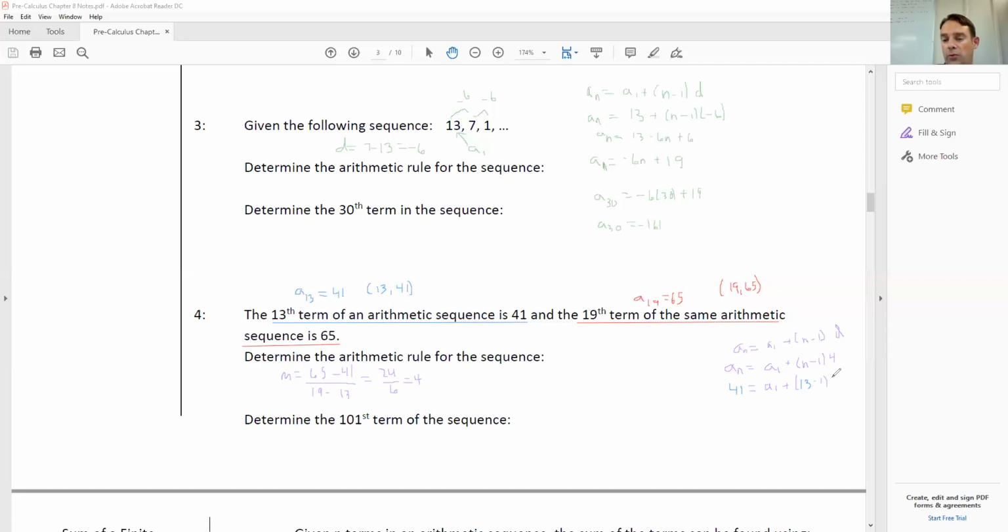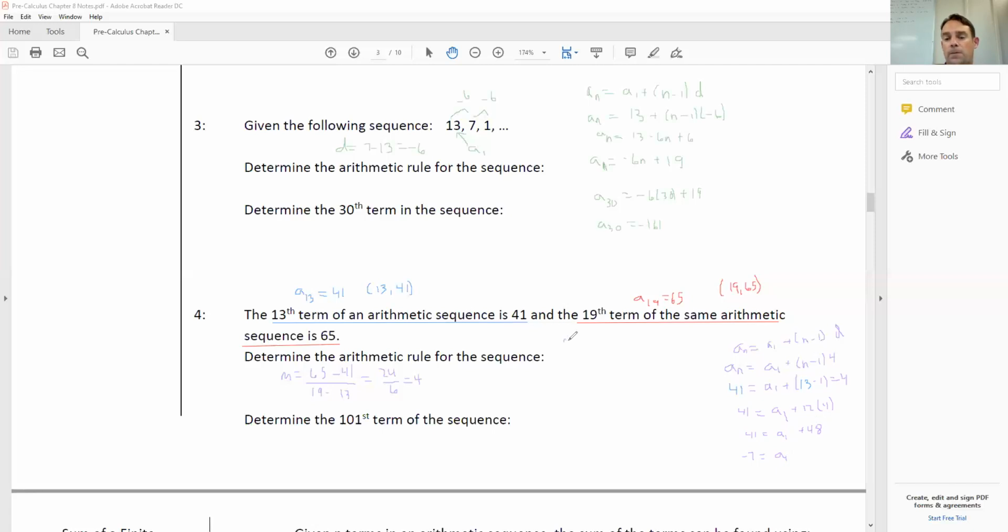So really all we're doing here is just finding the equation of a line. So 41 equals a sub 1 plus 12 times 4. So 41 equals a sub 1 plus 48. Negative 7 is equal to a sub 1. So that's my first term.